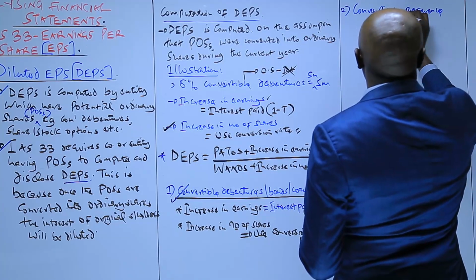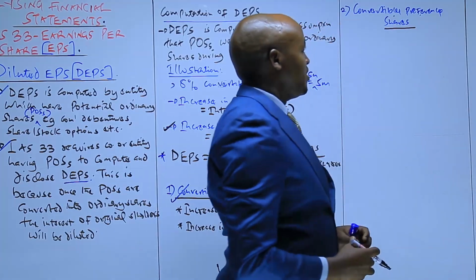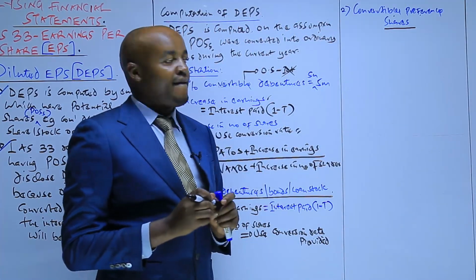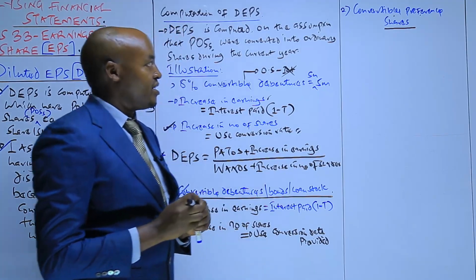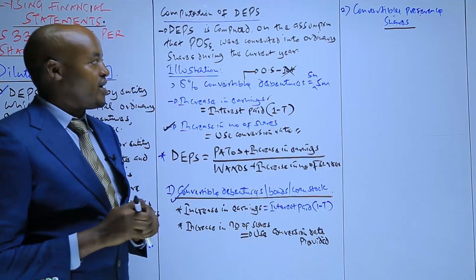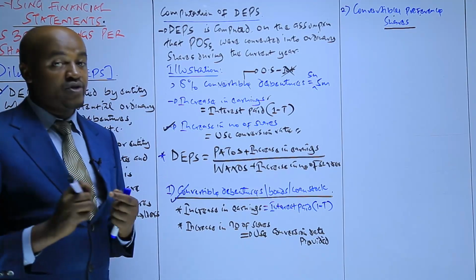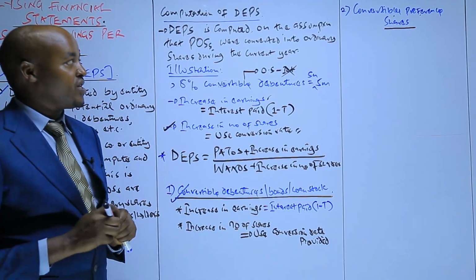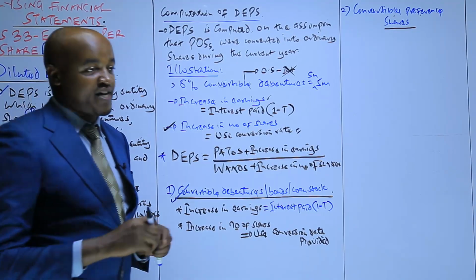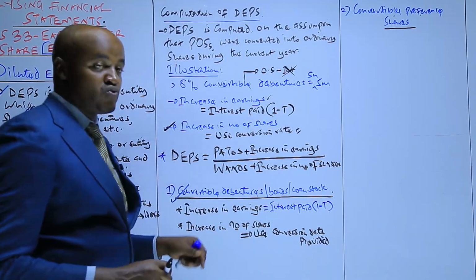Reason being that these preference shares are convertible, meaning that the holder of these preference shares can convert them into ordinary shares. So equally, if you come across a question where you're told a company had issued convertible preference shares, for the purpose of computing DEPS, you assume those convertible preference shares were converted into ordinary shares during the current year. As a result, you proceed to equally compute the two items.